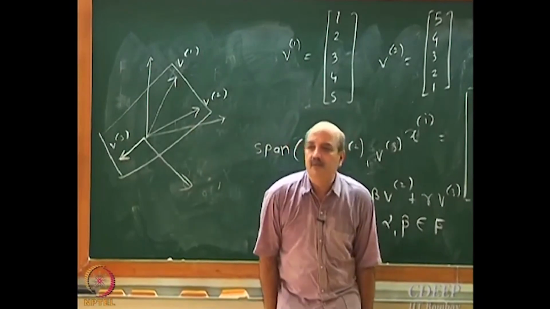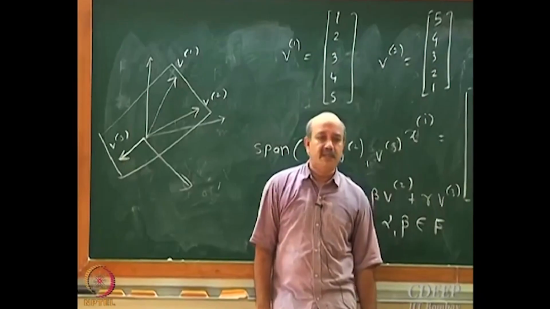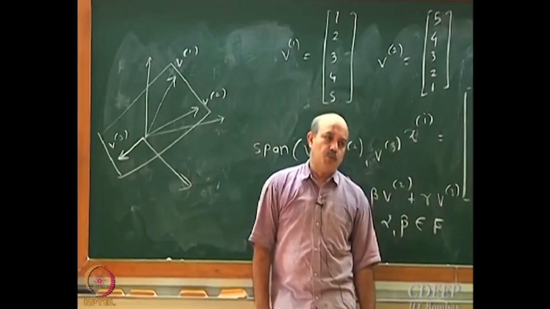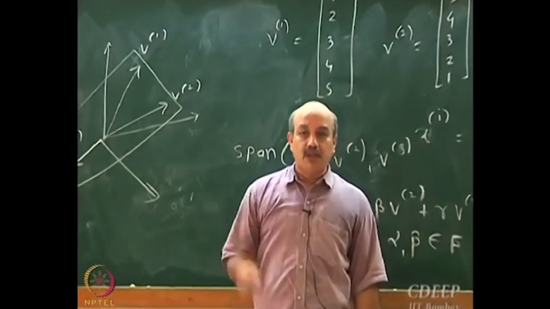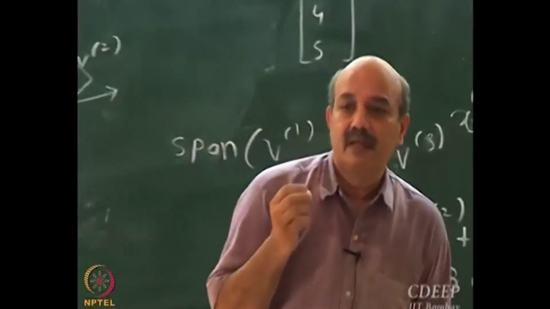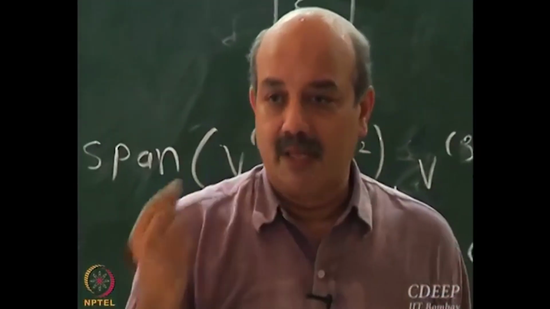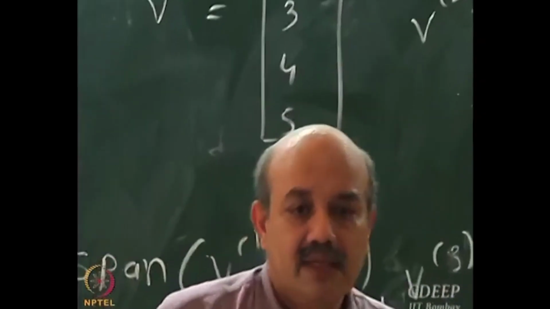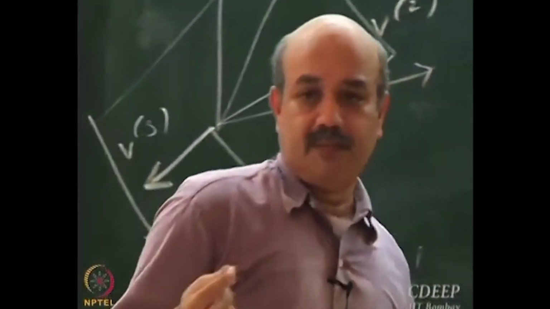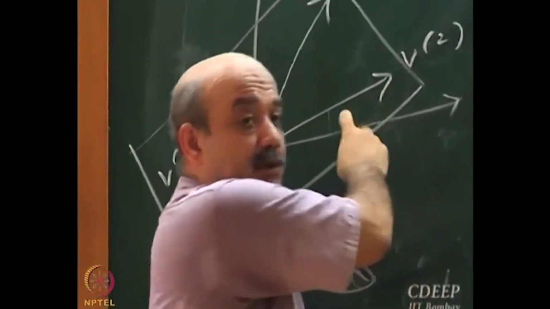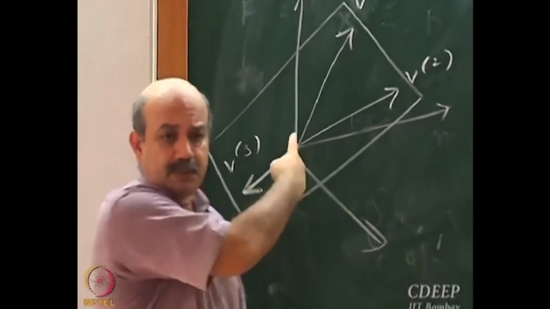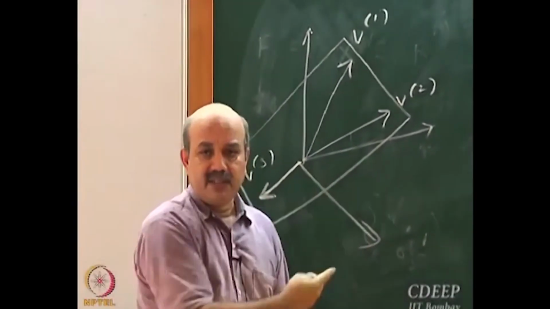What is the minimum number of vectors that are required to generate this plane? 2. So the minimum number of vectors that are required to generate a subspace or a space is called the dimension of the vector space. What is the dimension of this particular subspace? This is a subspace, right? The span is a subspace.